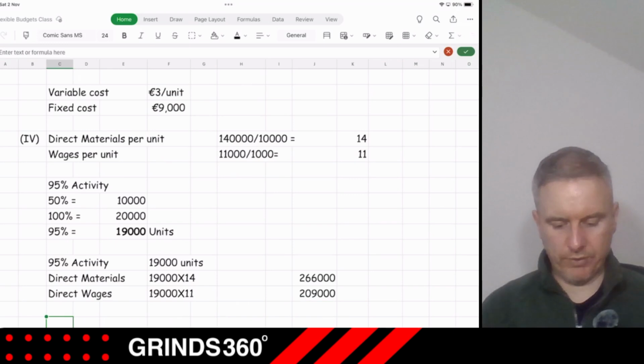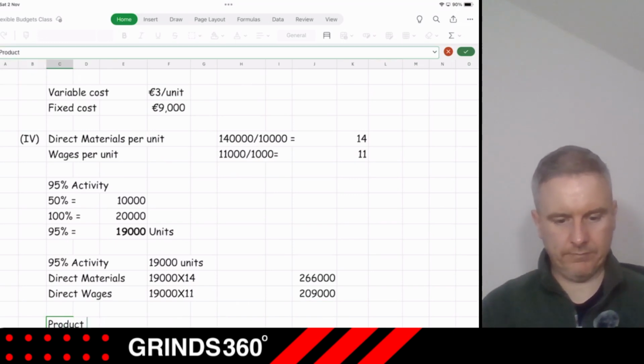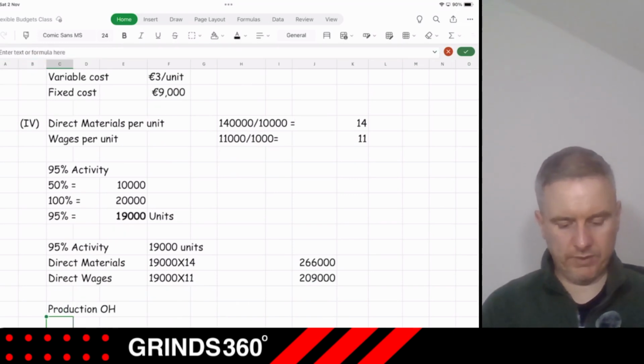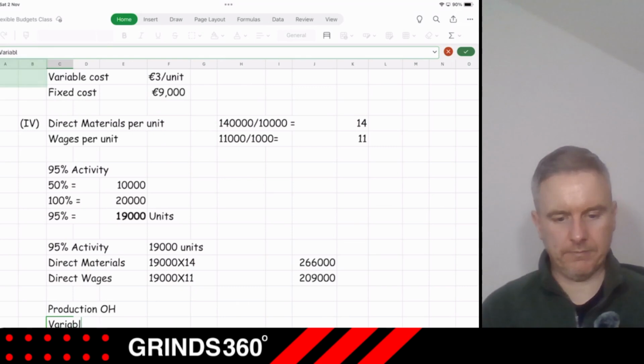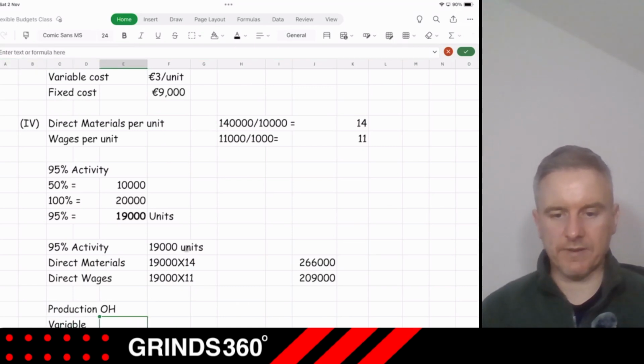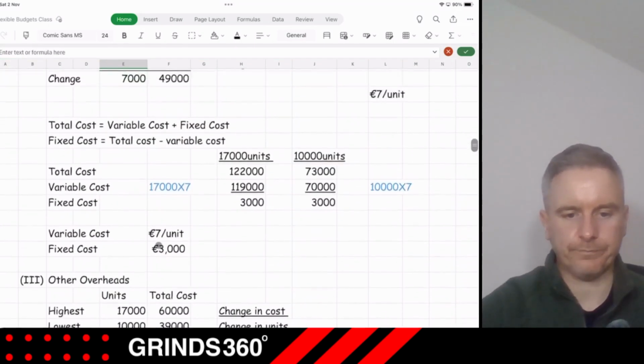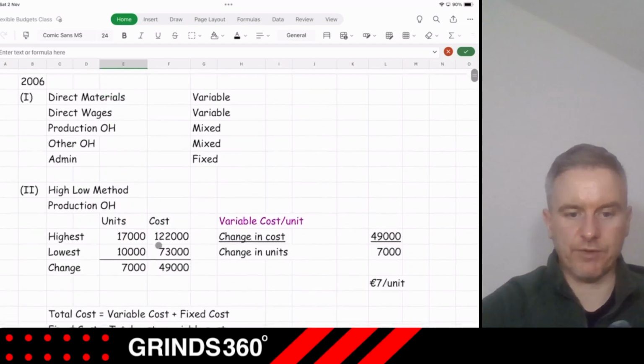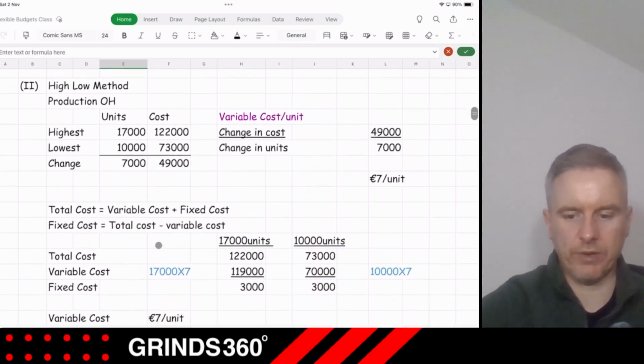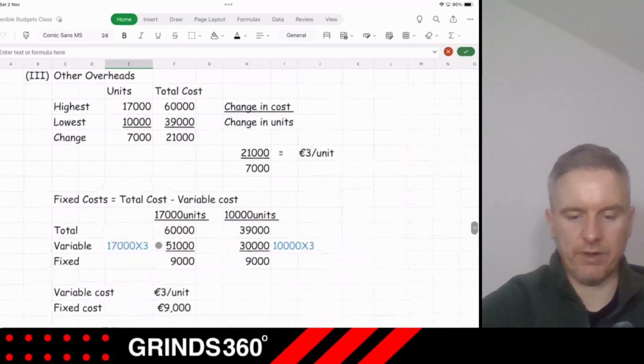We're going to move into our production overheads. And we're going to do our variable first. So the variable element of that, so back up in your question, we could see that the variable element, and make sure we're taking the correct one, is €7 per unit with a fixed of 3.